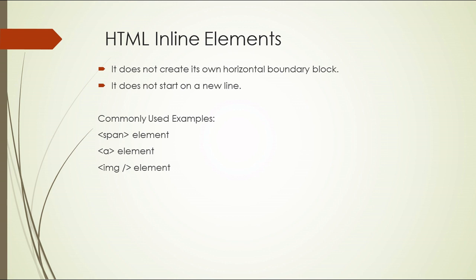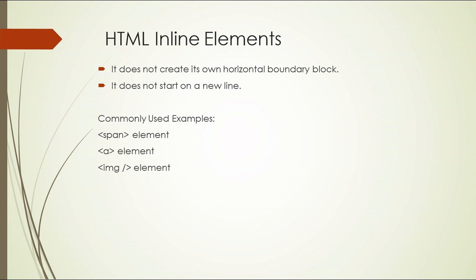Now you can see that inline is the opposite of the block level element. What I want you guys to know is that the block level element forms a new line, while the inline elements do not form a new line. So I just want you guys to have that in memory.